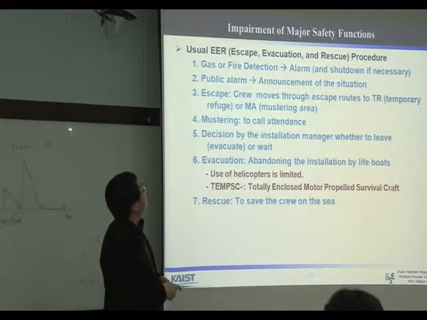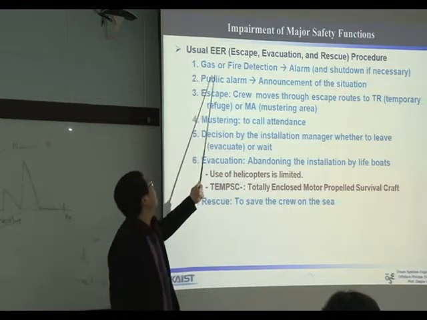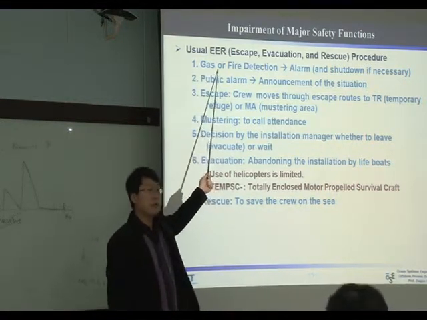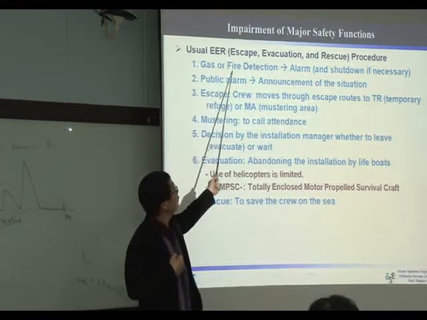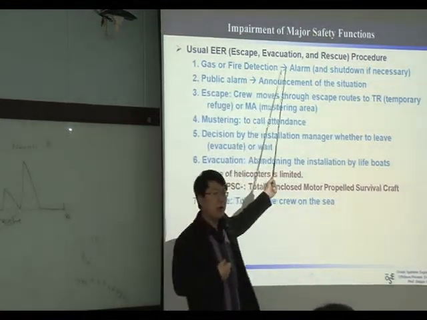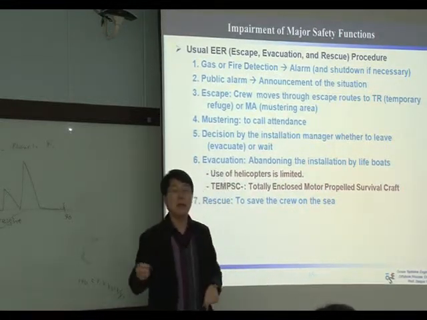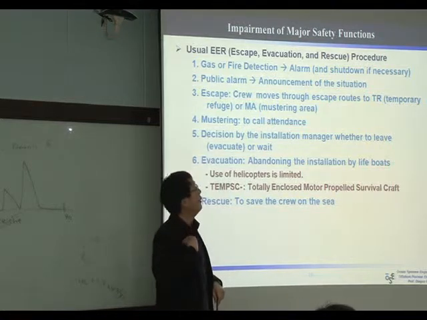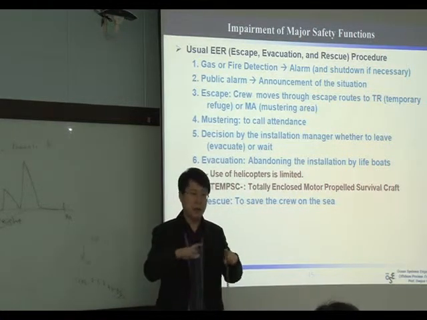So usually when there is a fire or leak, the gas and fire detection system detects the existence of fire and gas, and there will be an alarm. This alarm can be public, or it can be sent to the control room here. Then we do something.